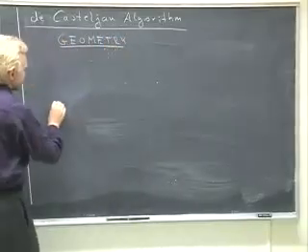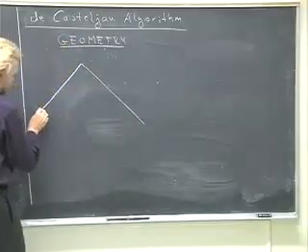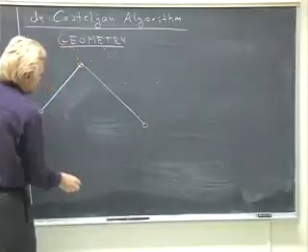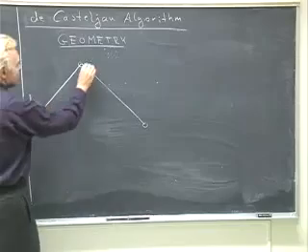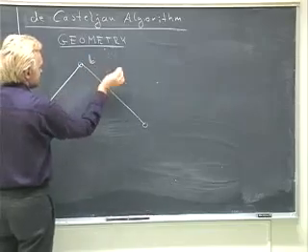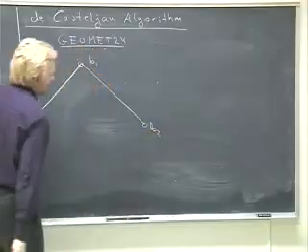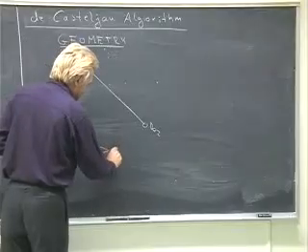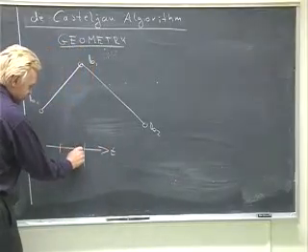The geometry is this. I have points. I call these points B points, B0, B1, B2. And then I have this value t, which was a value between 0 and 1, a particular value here.